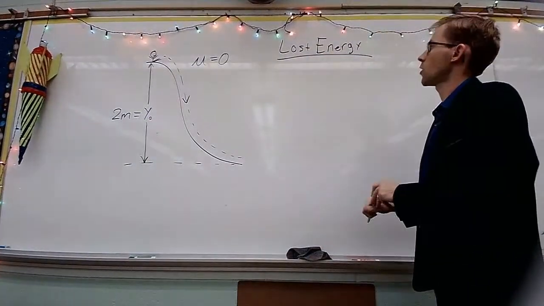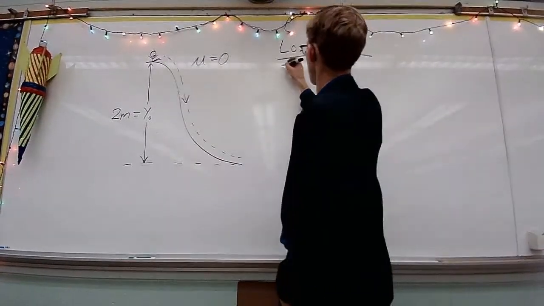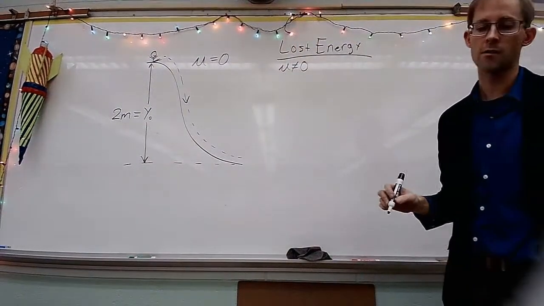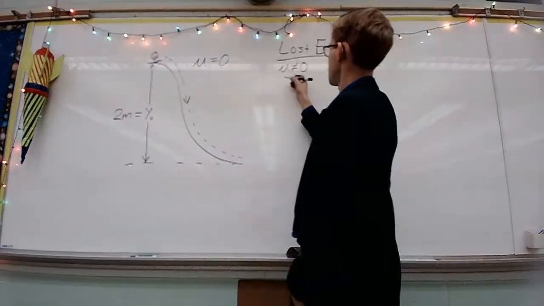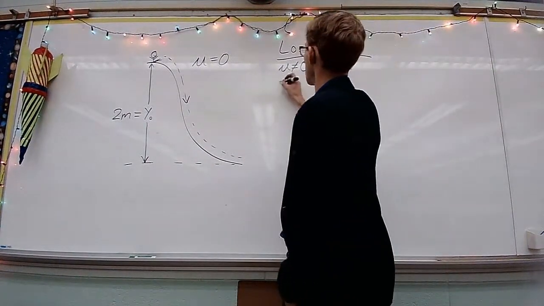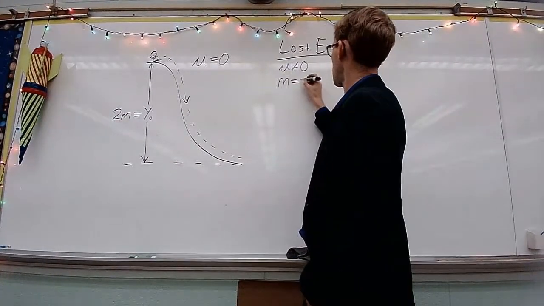All right, so if we want to calculate our lost energy, obviously friction is no longer going to be equal to 0. In the last example, we didn't need a mass because it canceled out. Let's just say that the mass is going to be equal to 20 kilograms.